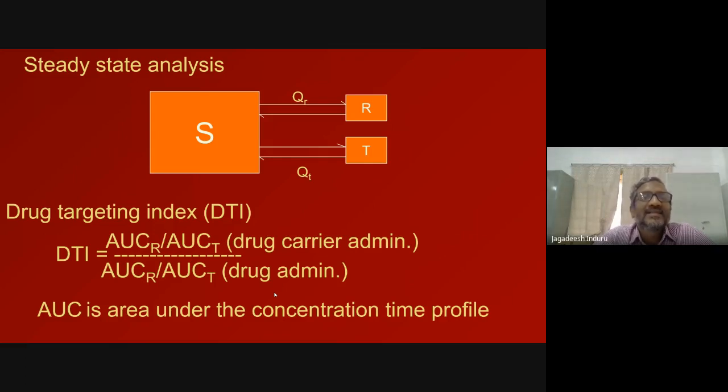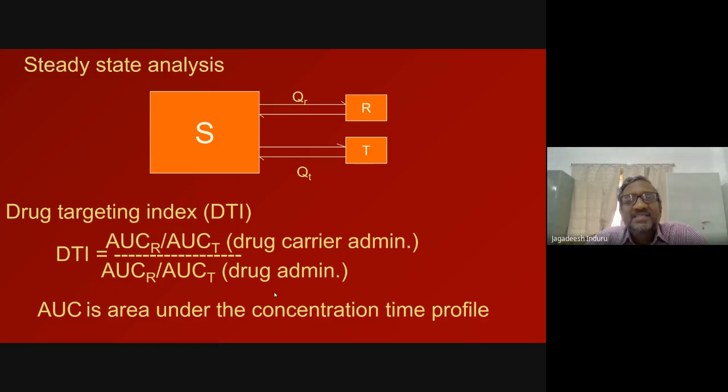How do we study it in the steady state analysis out of the three, and how do we do it? We have one component, the central compartment, S. After reaching the steady state, it has a rate with the target tissue T and the rest of the tissues R, and the rate can be reversible or irreversible depending upon the type of drug.